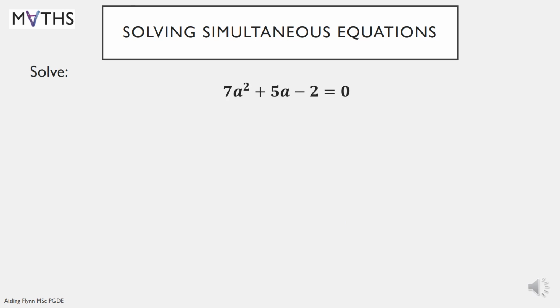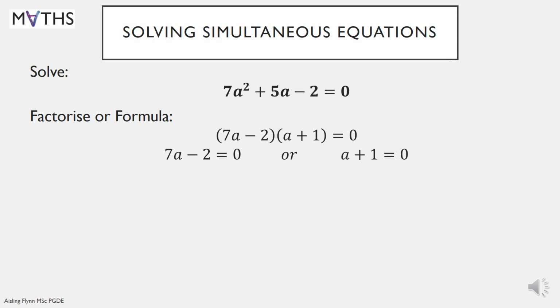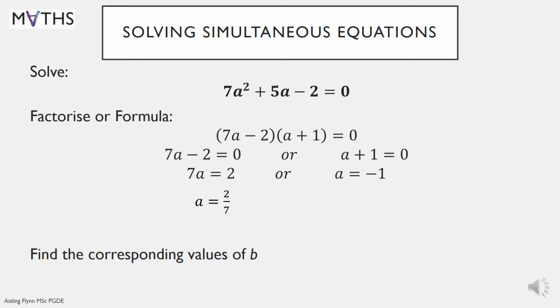Let's solve that quadratic equation now, and by factorizing if possible, it's quickest. Solve it by putting each factor equal to 0. We get a equals 2 over 7 or a equals minus 1. And we have yet to find the corresponding values of b.